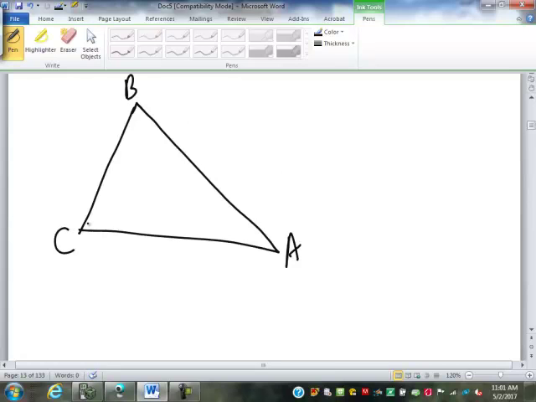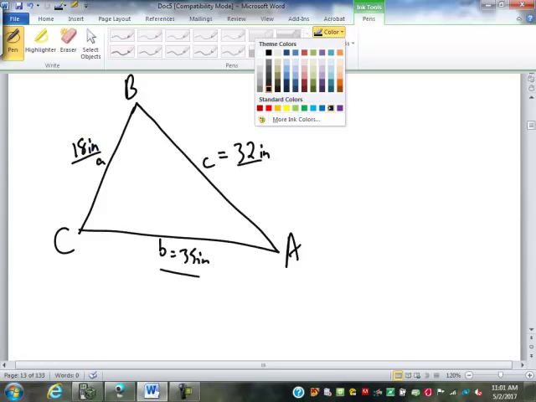Let's label it this way. Let's call this one over here 32 inches. This one down here 35 inches. And this one over here, let's call it 18 inches. Find those three angles for me quick in your notes.